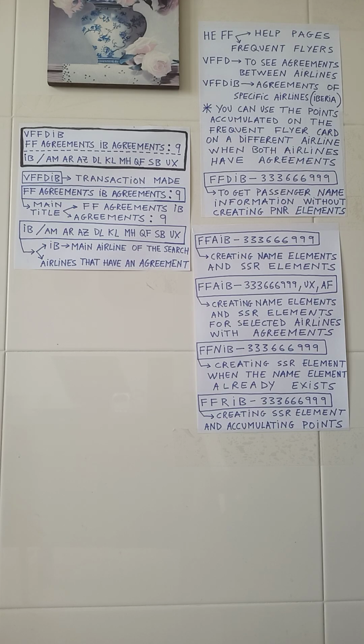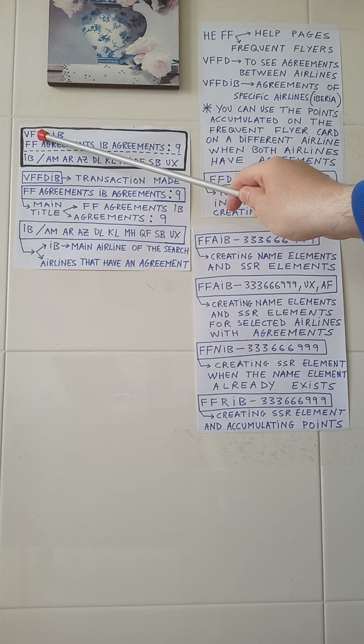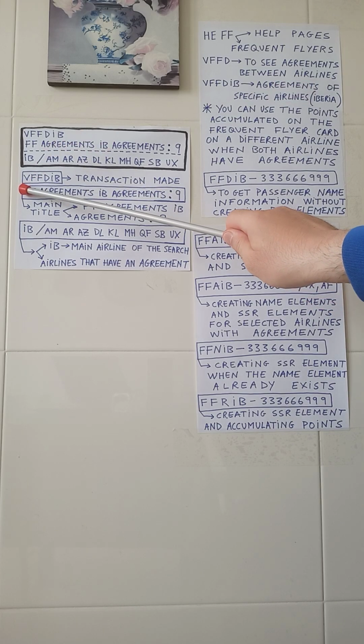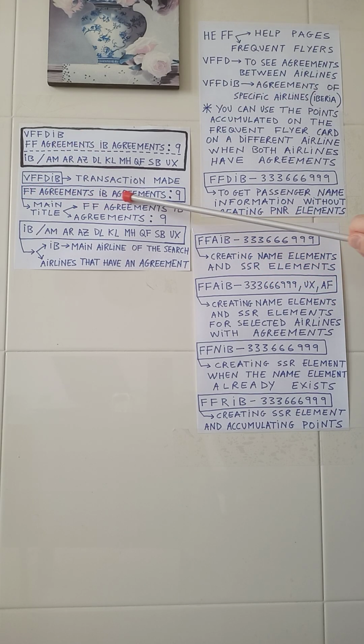This kind of screenshot would appear when we press enter on the computer keyboard after having typed the VFFDIB transaction. Now I am going to explain the meaning of FF agreements, IB agreements 9.